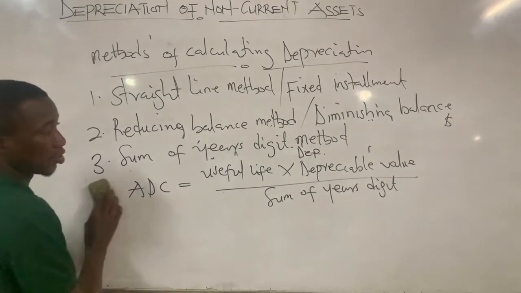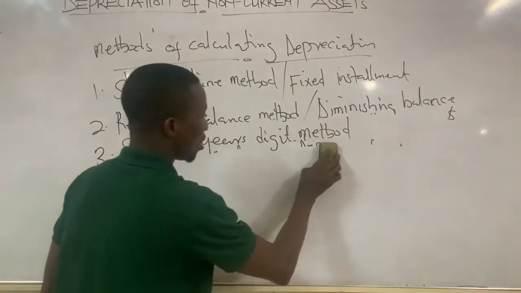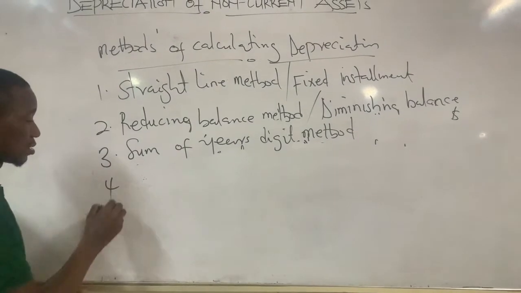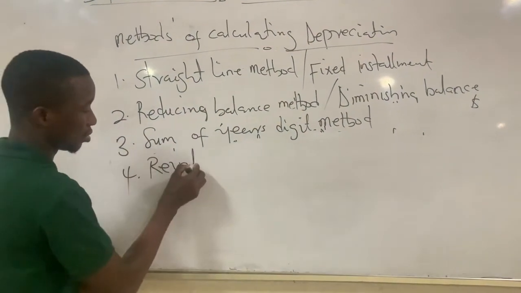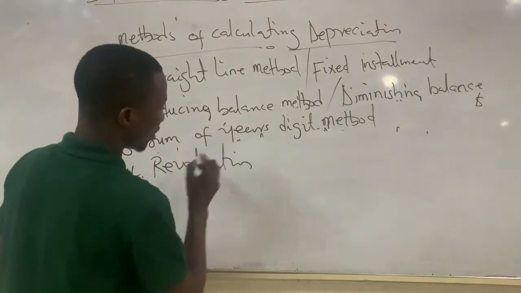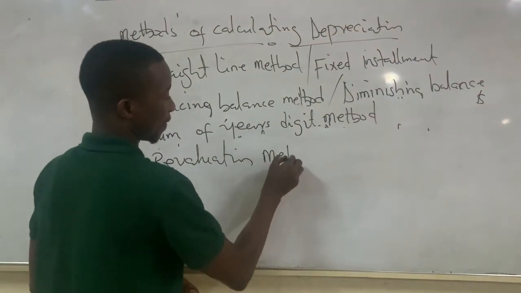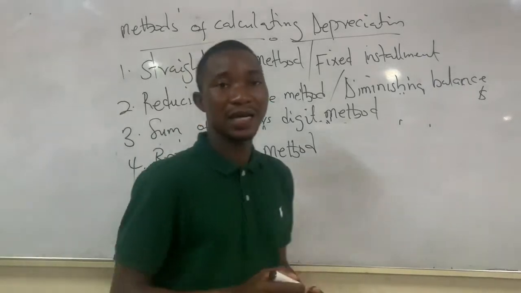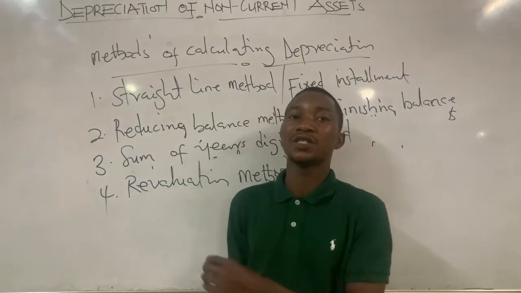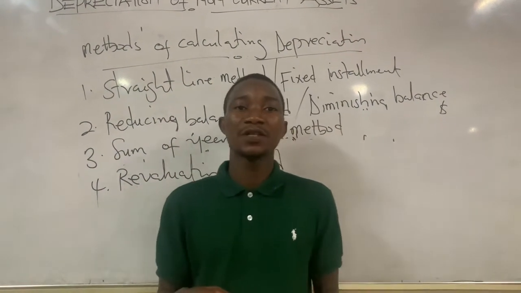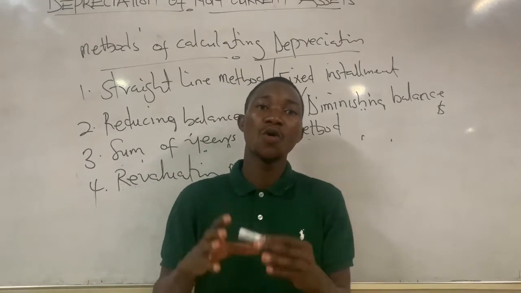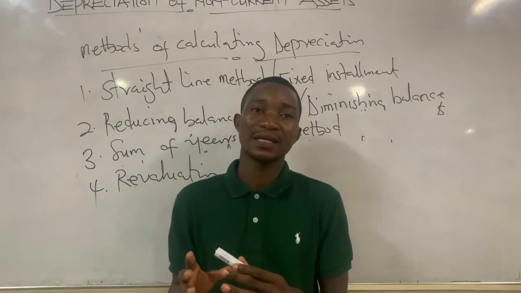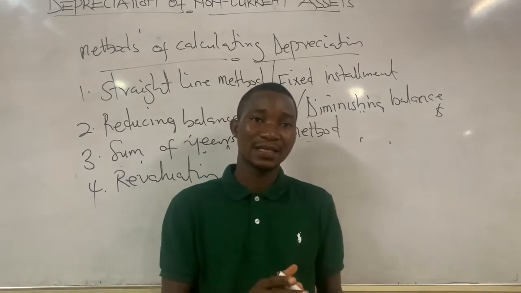Okay. So let me talk about the last method I would like to talk about, which is the revaluation method. With the revaluation method, we calculate the depreciation based on the opening balance of the asset and the closing balance of the asset.